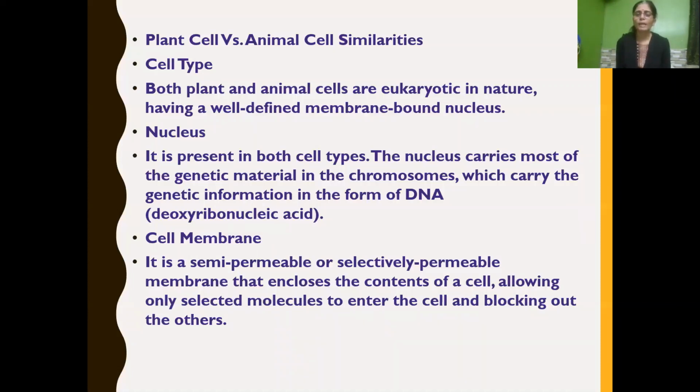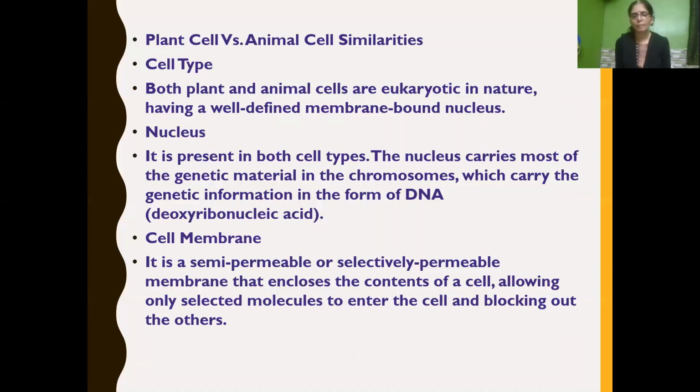The nucleus is present in both plant cell and animal cell, and it carries most of the genetic material present in the chromosomes, which carry the genetic information in the form of DNA. Everything is the same in the nucleus of both plant cell and animal cell, only the position is different. And the cell membrane is also present in both plant cell and animal cell, otherwise called the plasma membrane.